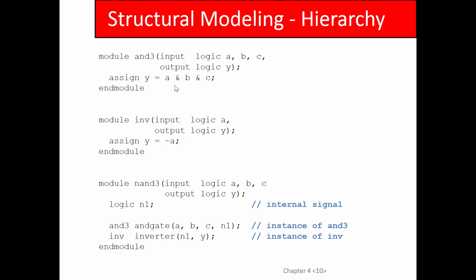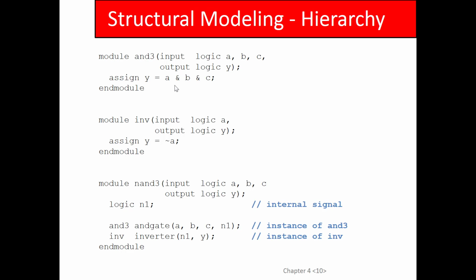So there's an alternative syntax to this. You can also go like this. Open parenthesis, and then you say dot A, parenthesis A, comma, dot B, parenthesis B, comma, dot C, parenthesis C, comma, dot Y, parenthesis N1.